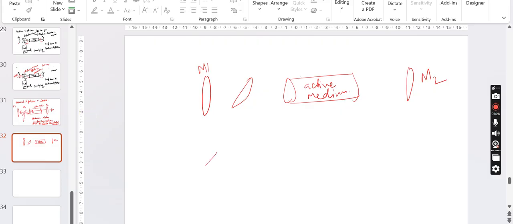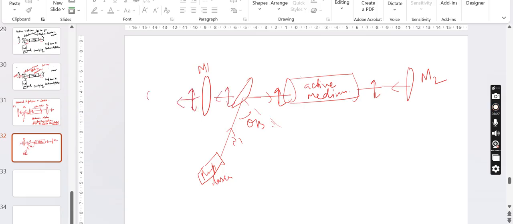What you can do is set the pump laser at Brewster angle. This is theta B. So only parallel polarized light goes into the active medium, and we'll get parallel polarized light as output.